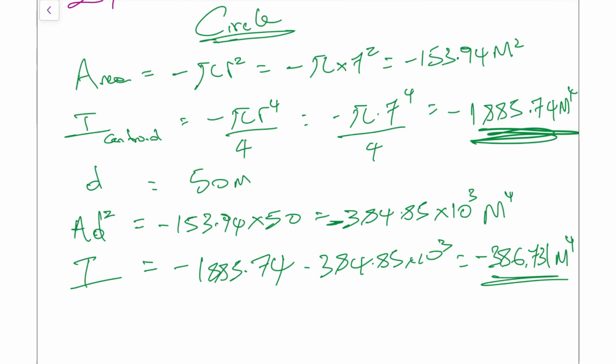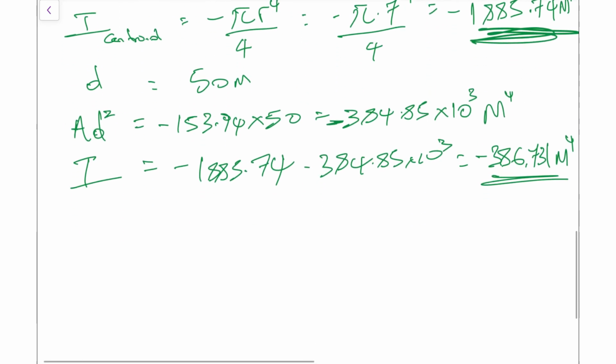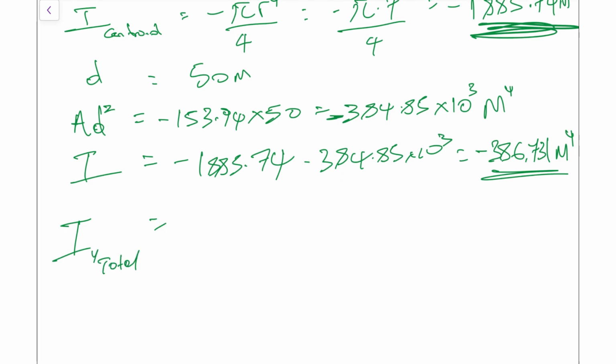So now all we need to do is to find the grand total for IY. So IY total. So what we end up with, 50 times 10 to the 6 added with 89.65 times 10 to the 6.